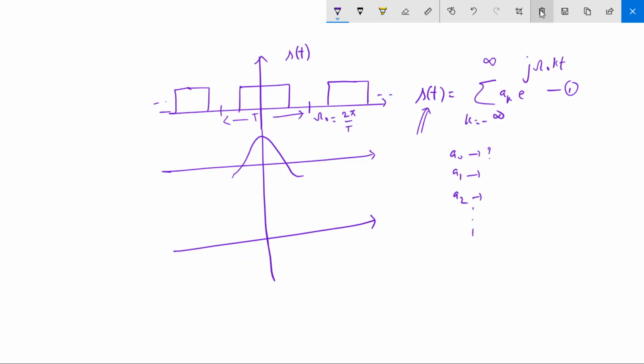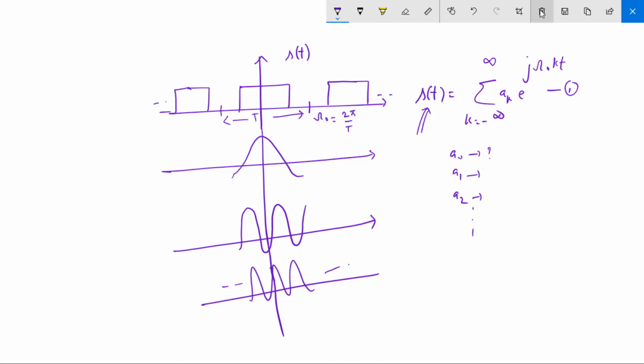Then you have the second harmonic which has a frequency 2 omega naught, so double of this. Then you have a frequency 3 omega naught, 3 cycles in the same time period, and so on. And when you add all these signals together, you are going to get the square wave.